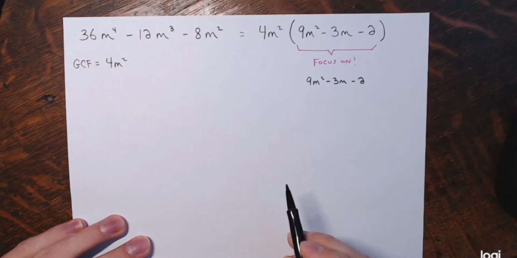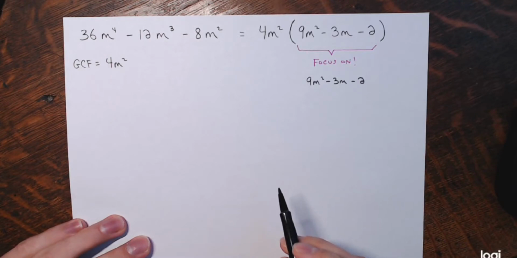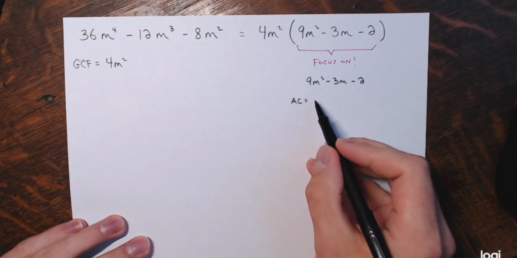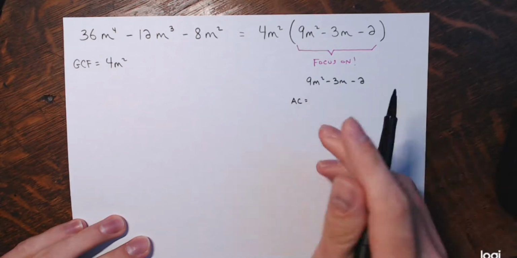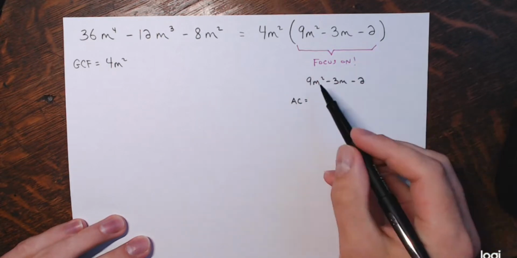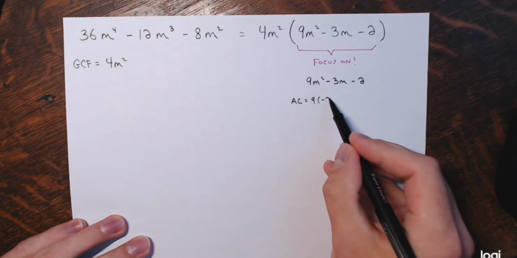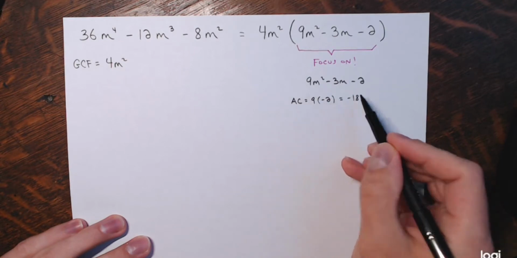Now once again, you can do guessing and checking, trial and error. Totally fine. I'm just going to do the AC method. I prefer it. If you like guessing and checking, fine. Nothing wrong with that. But 9 times negative 2 is negative 18.